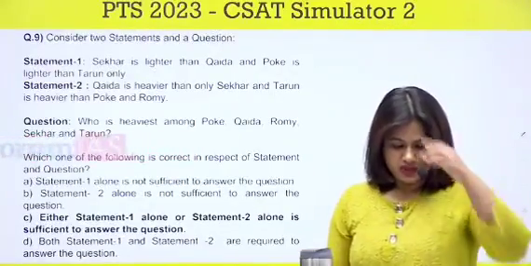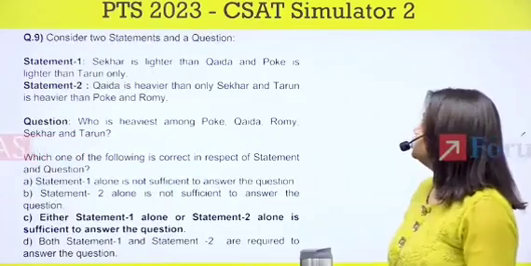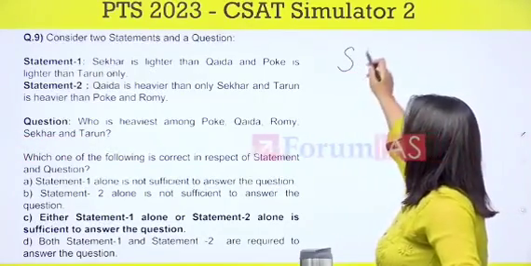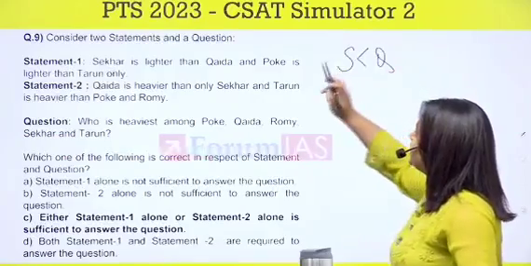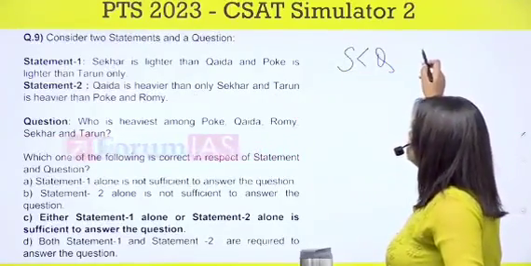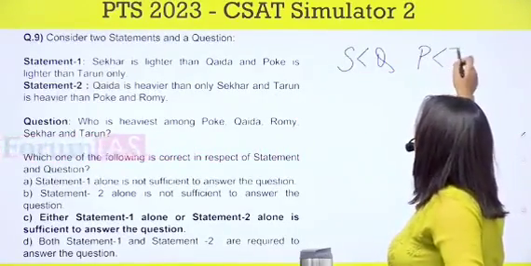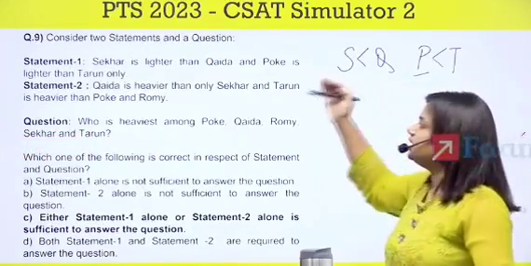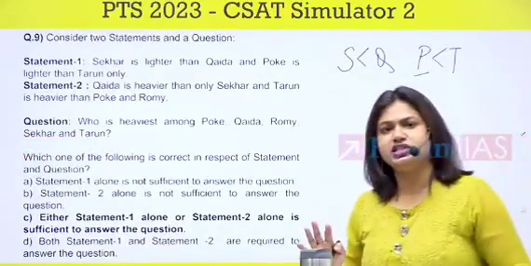Now question 9. Shekhar is lighter than Qaeda. So S is less than Q and P is lighter than Tarun only. P is lighter than Tarun only. Matlab P is only lighter than Tarun. Everybody else he is heavier, right?